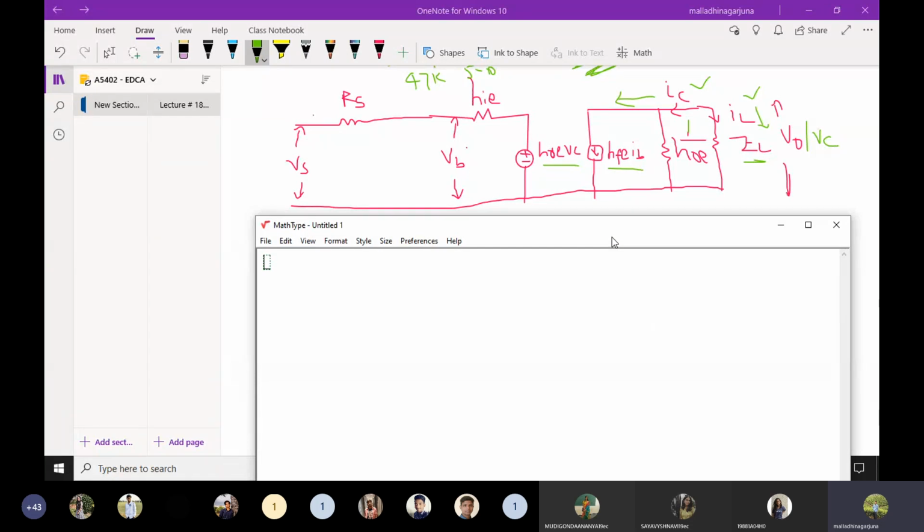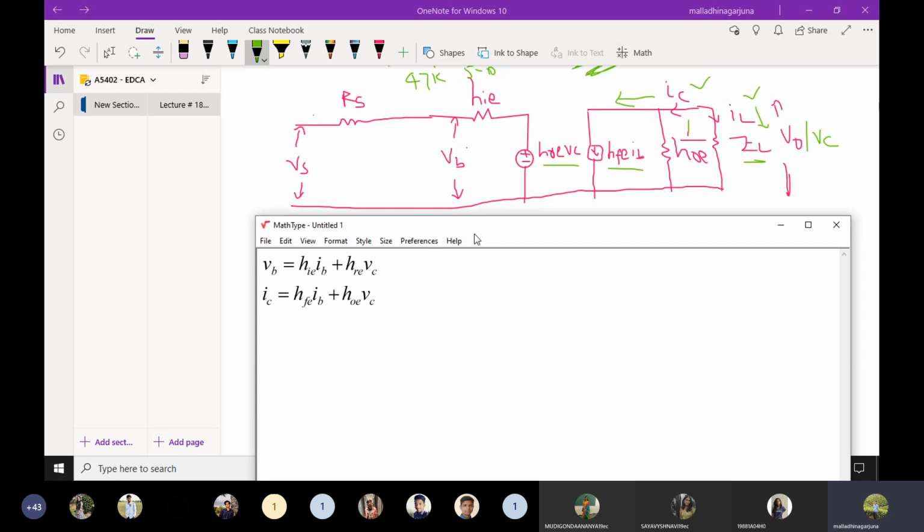So before starting the calculation part, let us write our H parameter equations: VB equals HIE IB plus HRE VC, and IC equals HFE IB plus HOE VC.